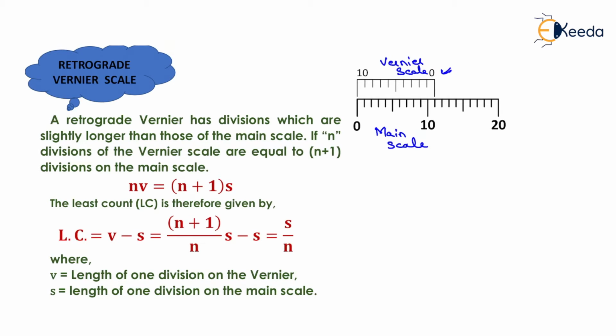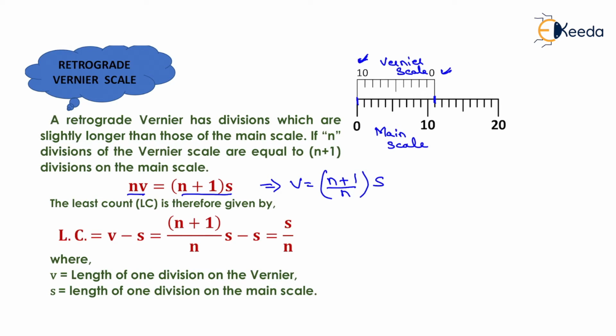So in this diagram, the 10th division of vernier scale coincides with the 11th division of the main scale. So we can say that n divisions of vernier equal n plus 1 divisions of main scale. From this we can calculate the value of v, that is v equals n plus 1 upon n into s.